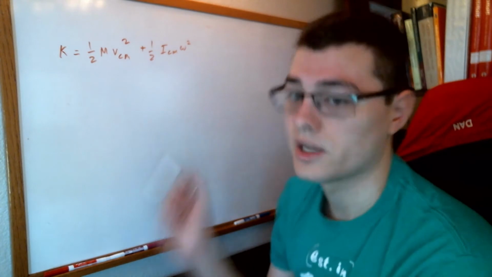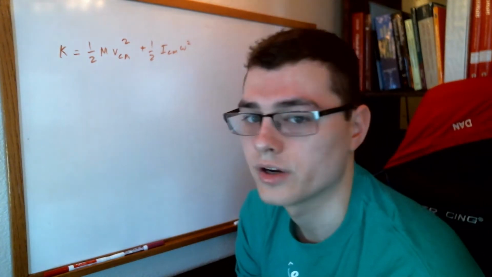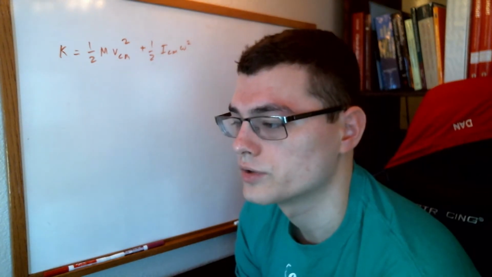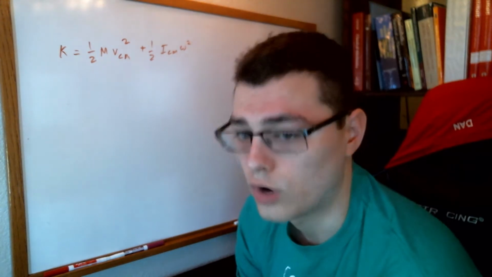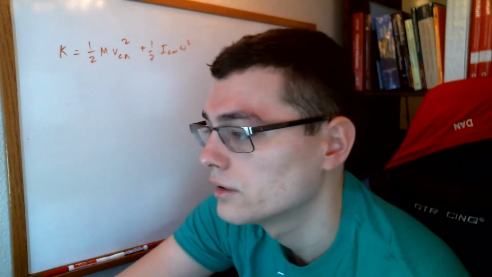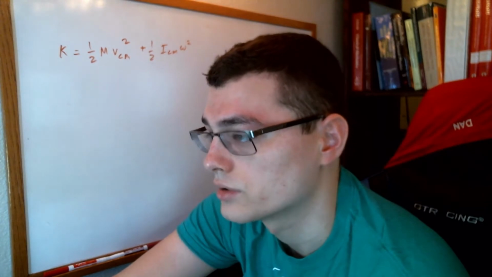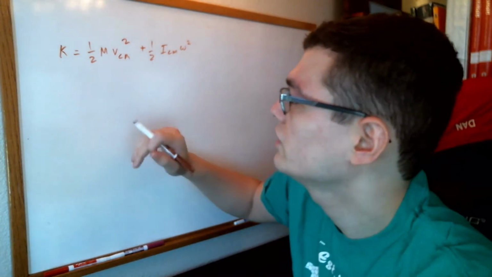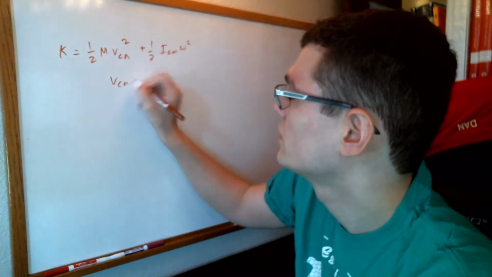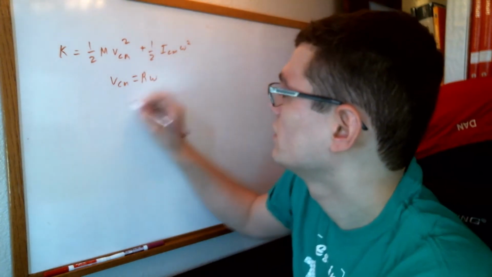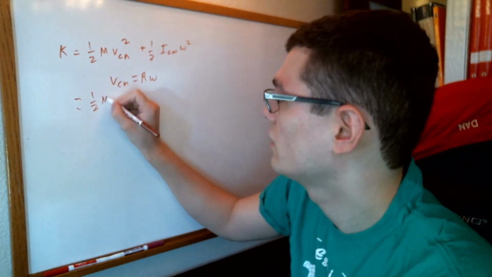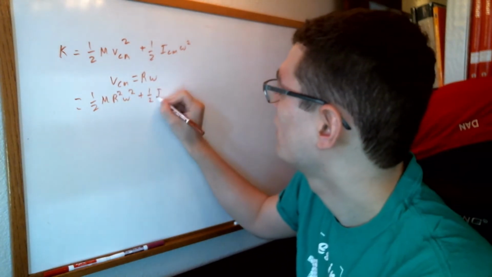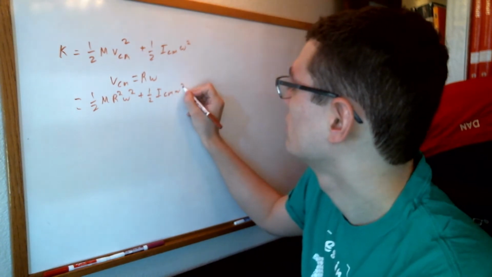We know that Icm has an R squared embedded in there times the mass, and we can start to put these two equations together in order to form one rotational energy equation. So let's do that. I feel like we did this briefly in the last chapter. Vcm is going to be R omega, and so that yields 1/2 m R squared omega squared plus 1/2 Icm omega squared.